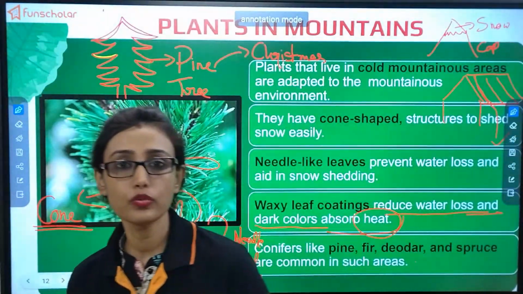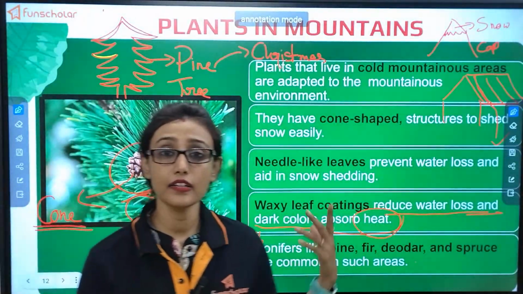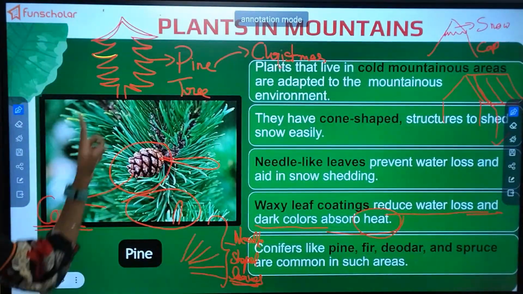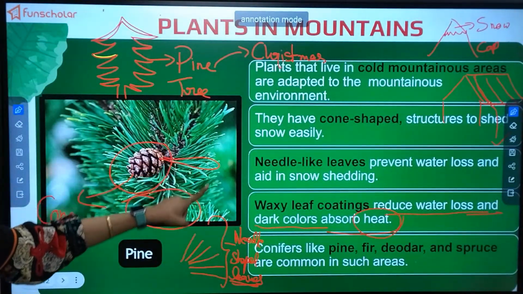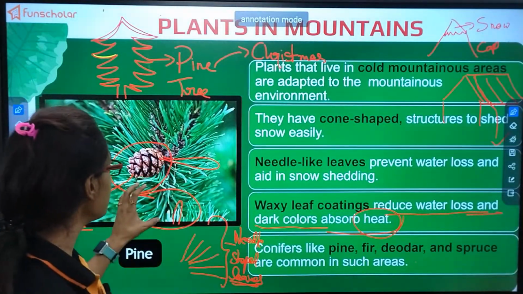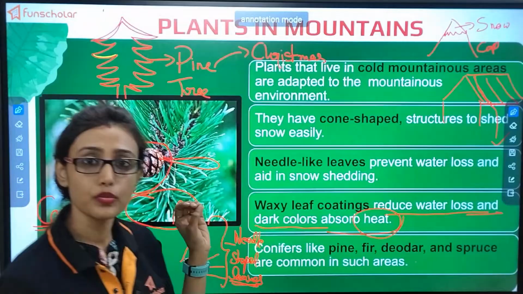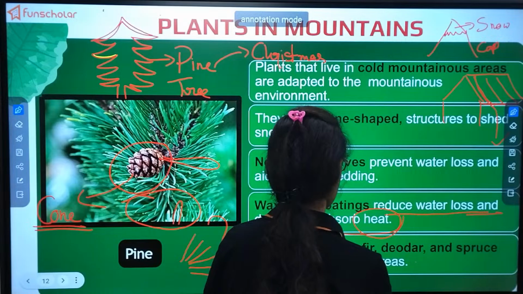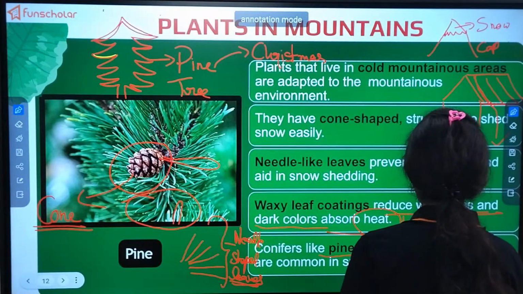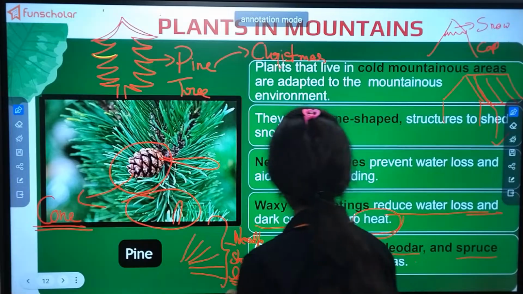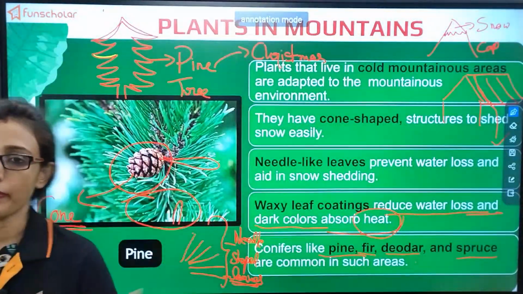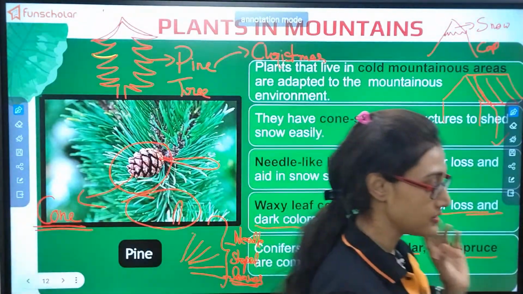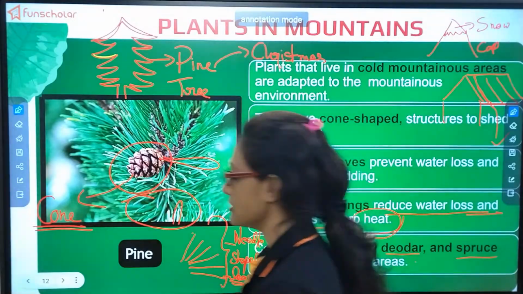If next time you go to a hilly area, please try to mark the difference between the plants you see in your daily life and the plants seen in the hilly region. They will be very dark in color. Why? To absorb the maximum rays of the sun. Examples are pine, fir, deodar and spruce, which are common in such areas. So pine is the most important, deodar is the second most important tree found in the hilly region. Okay?